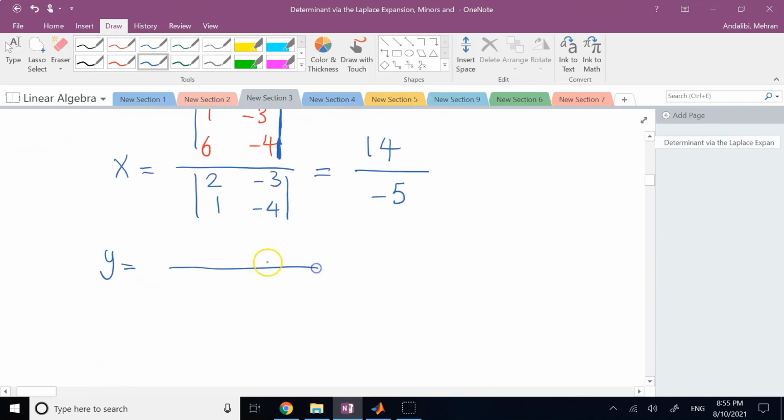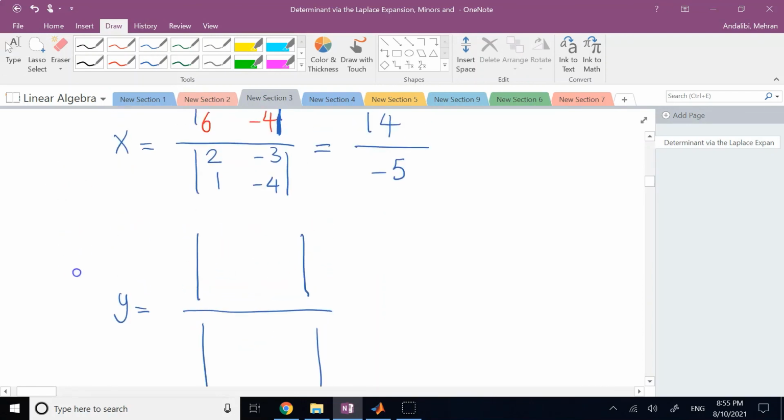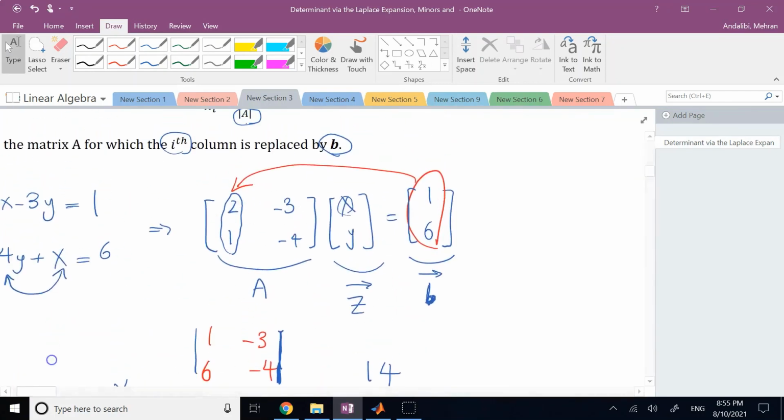And then y, if you want it, is very similar. It is the determinant of A2 divided by the determinant of A, where A2 is the same as A, except the second column of A is replaced by the right-hand side. So keep the first column of A, but the second column of A is replaced by B. That is A2 basically, and the previous one was A1.